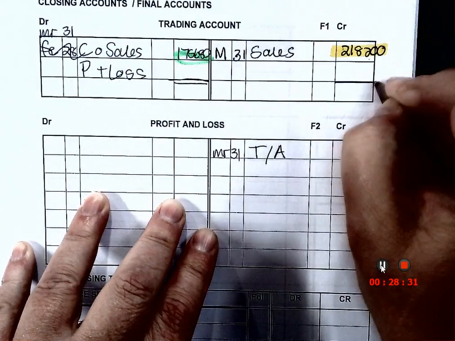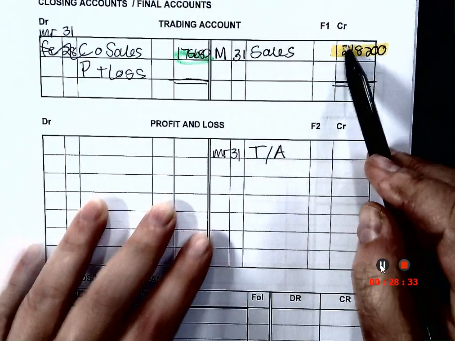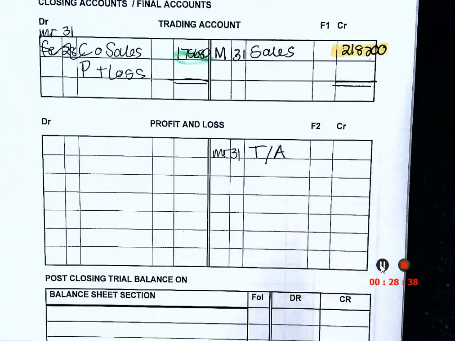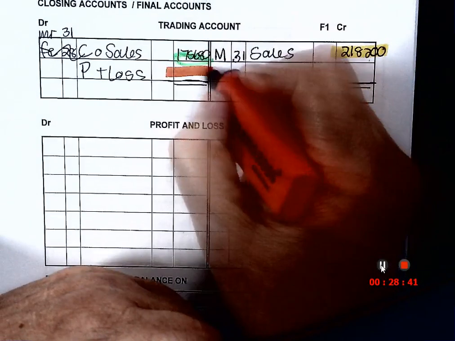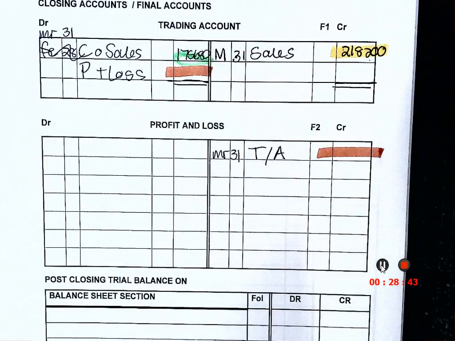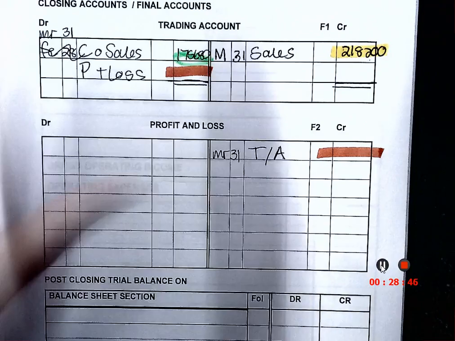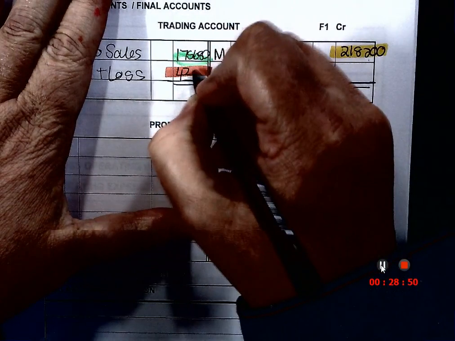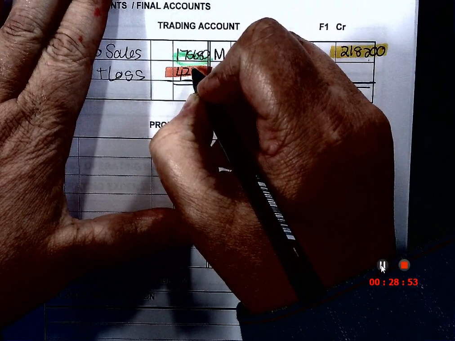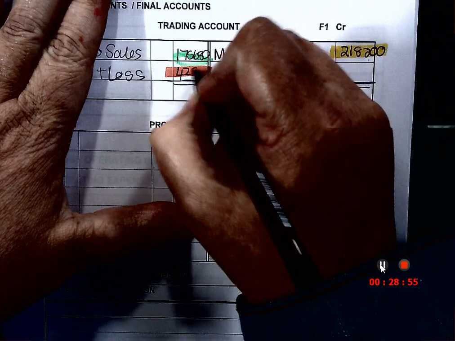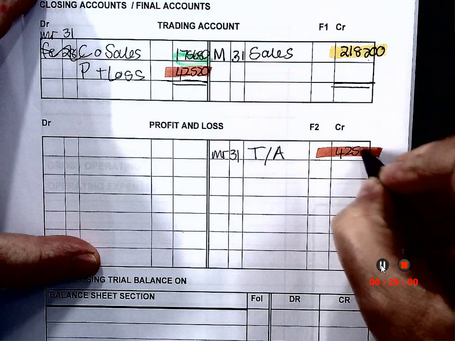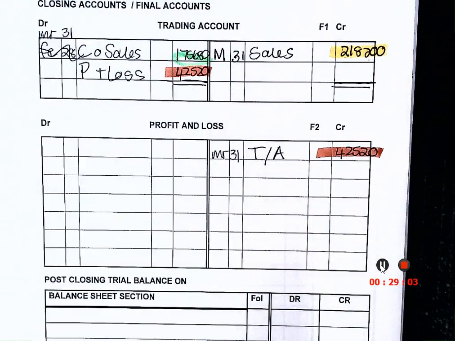I will literally say 218 less 175, and that will give me my profit and loss of how much? Anybody? 425,520, like that. Yes.